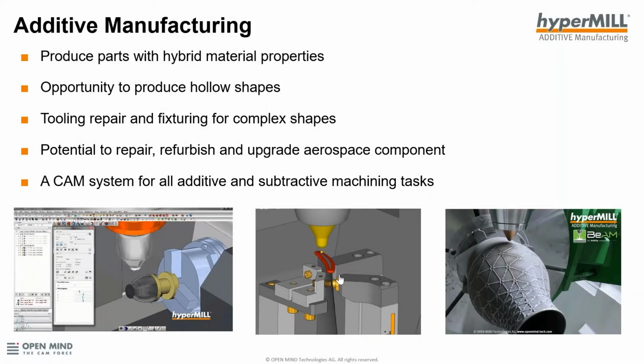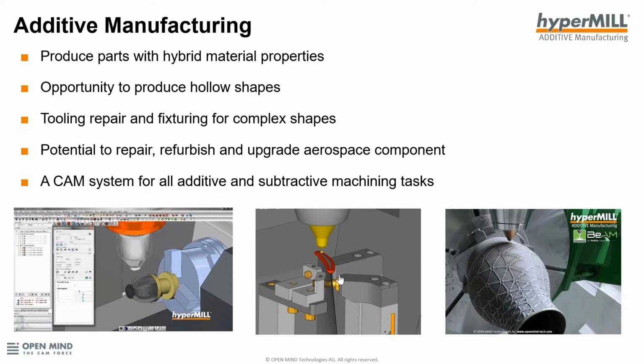Also, let's talk about additive manufacturing, hot subject everywhere. Everybody wants to know about additive manufacturing. hyperMILL also has a module for doing additive manufacturing. We support basically two types of technologies, direct energy deposition, DED, and also powder bed fusion, which is also called PBF.